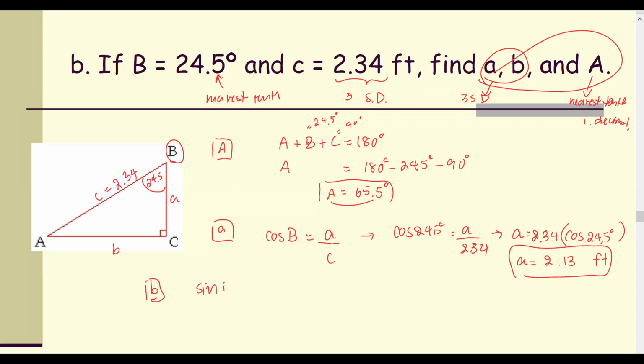So sine of B equals the opposite, which is side B, over the hypotenuse C. Therefore, side B can be computed by multiplying C, the hypotenuse, by the sine of angle B. C is 2.34, and angle B is 24.5 degrees. Therefore, B is 0.97 feet.